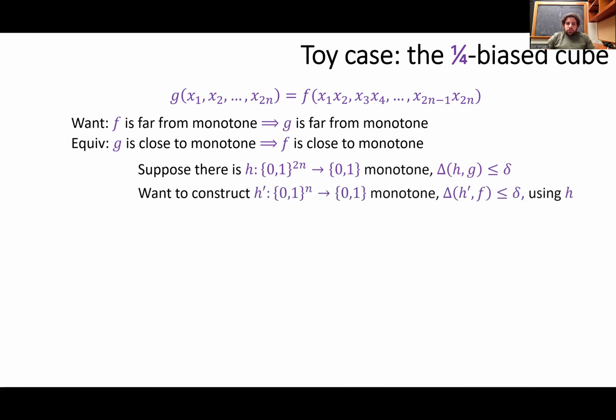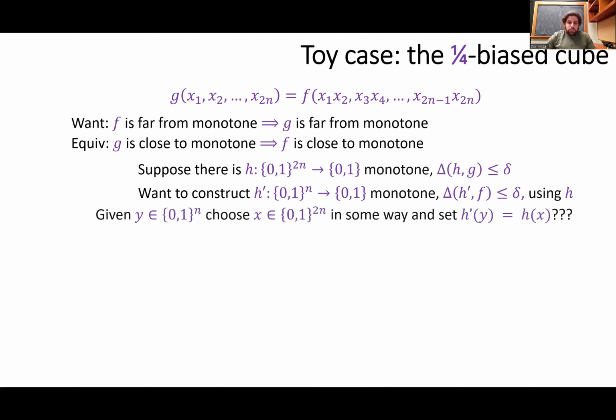And our goal in life is to show that F is close to monotone, and it only makes sense that we're going to do it by constructing explicitly a function h prime on dimension n, which is monotone and close to F. And really all that we have in order to construct h prime is this little h above.